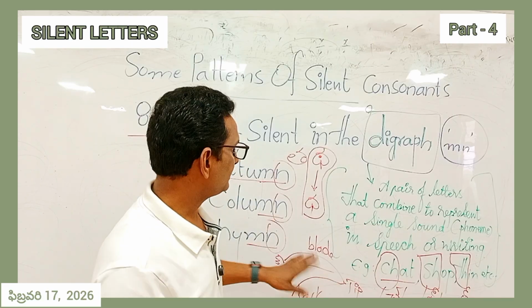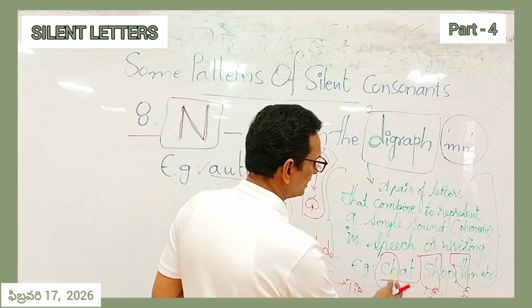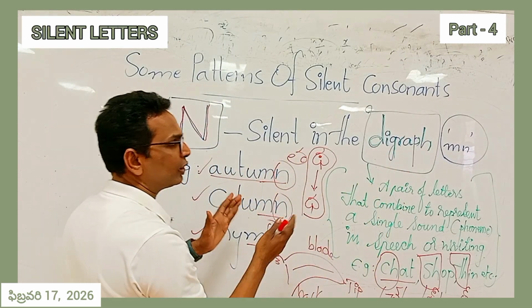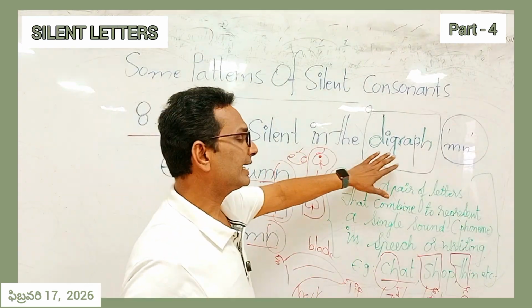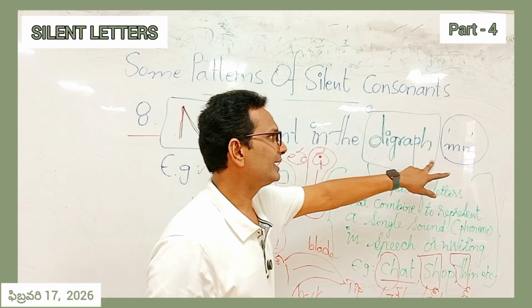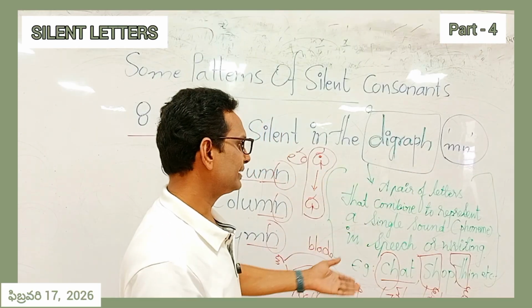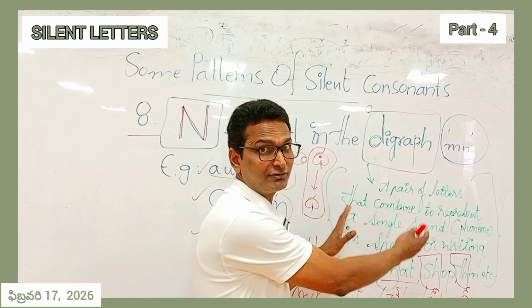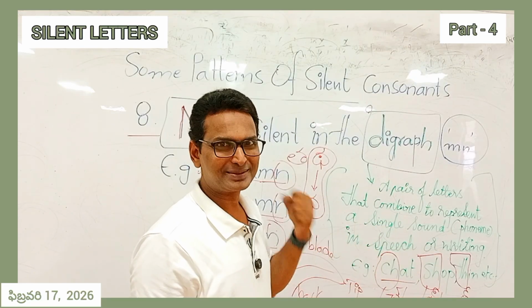Now let's take a look at this. What a digraph is. From this particular point, we have got an opportunity to learn. Please write down in your books, it is necessary for you: two letters are combined to make a single sound, either in speech or writing. Examples: chat. This is extra information, so don't become upset about it.